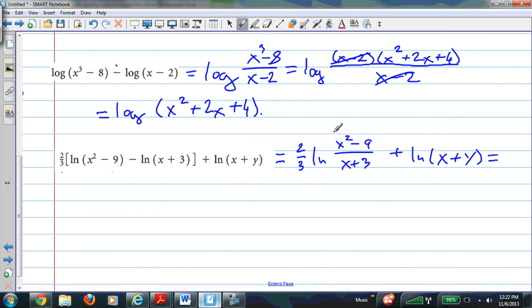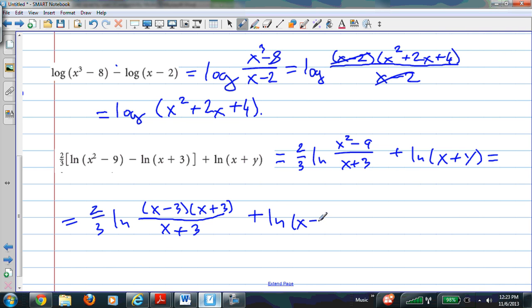Okay, as in previous examples, x squared minus 9 can be factored. So this is 2/3 natural log of (x minus 3)(x plus 3) all over x plus 3, and that log is still attached here, plus natural log of x plus y.